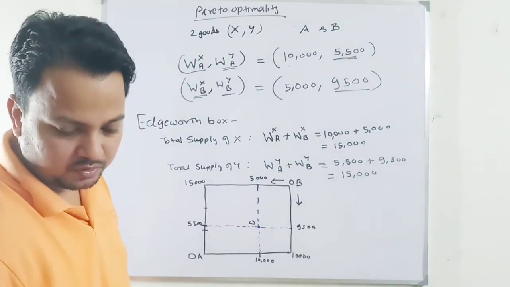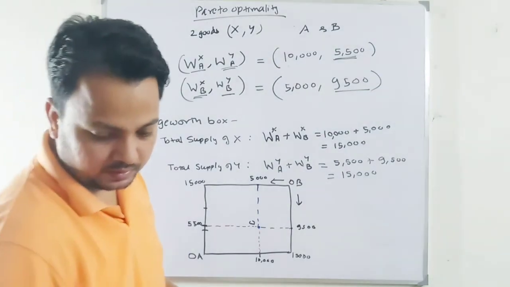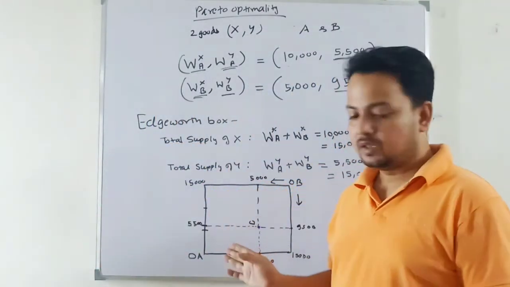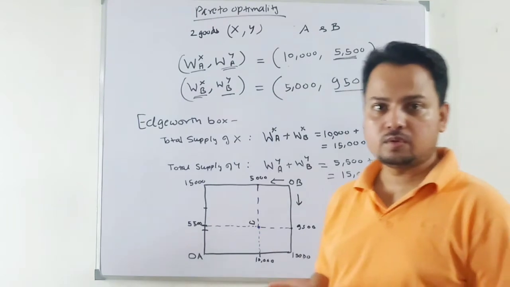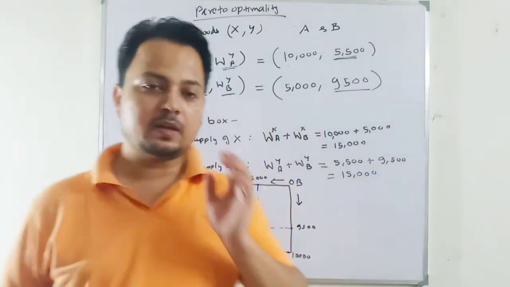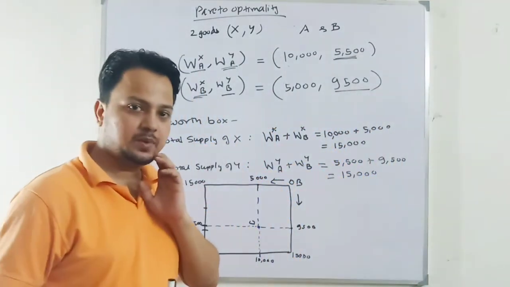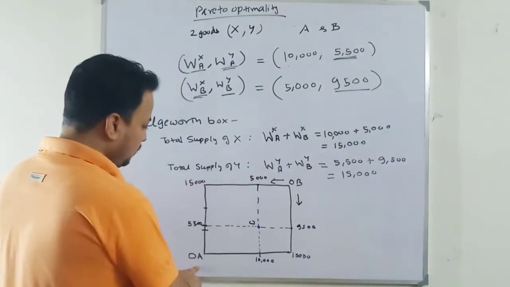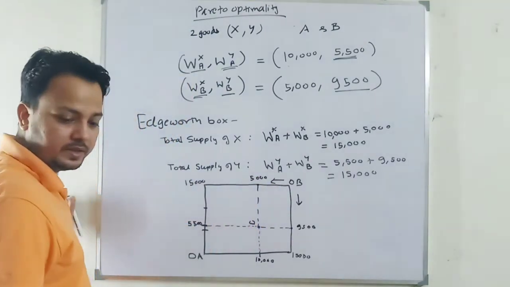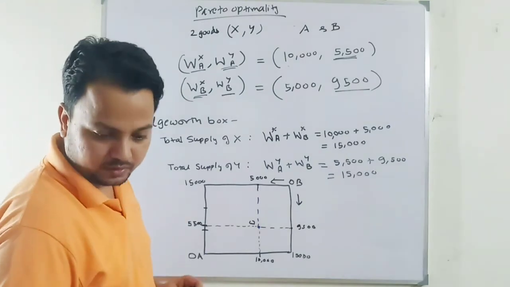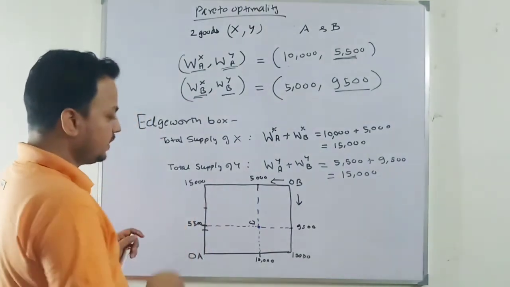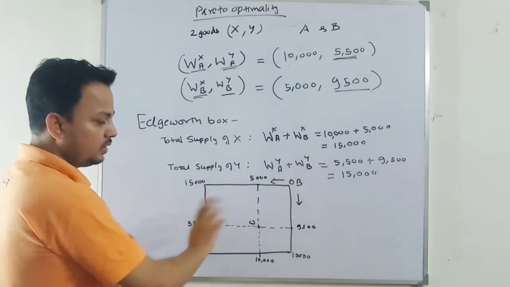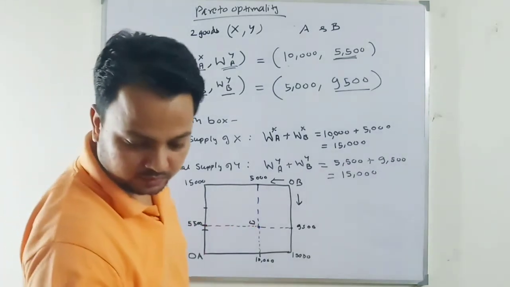Show the preference of both consumers in the Edgeworth box passing through the initial endowment. When I say preference, it basically means the indifference curve. So this is the second part of question number 3: draw the indifference curve of both consumer A and consumer B that passes through this endowment.